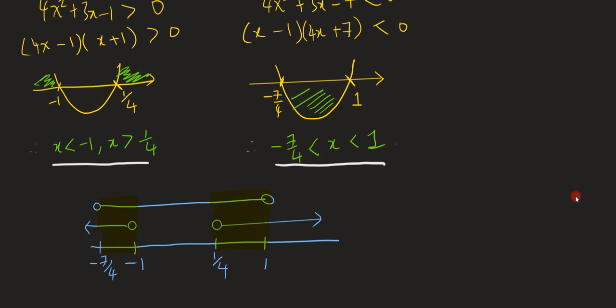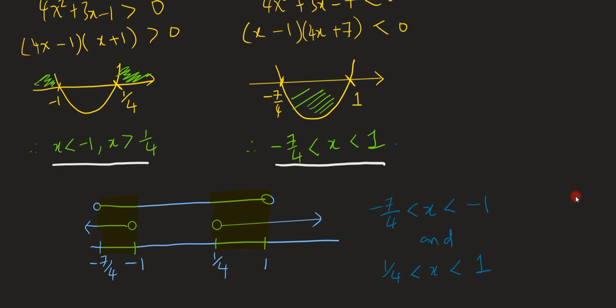Okay, so it's this region and this region. So now we can write down our final answer. Our final answer is -7/4 < x < -1 and 1/4 < x < 1. Okay, this is the answer we get from solving the two inequalities.